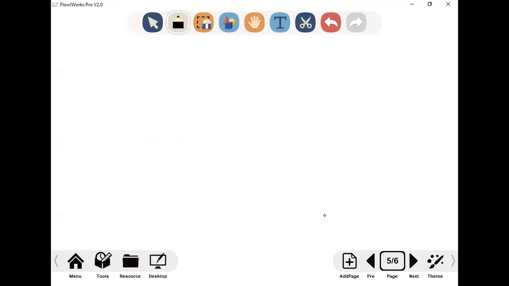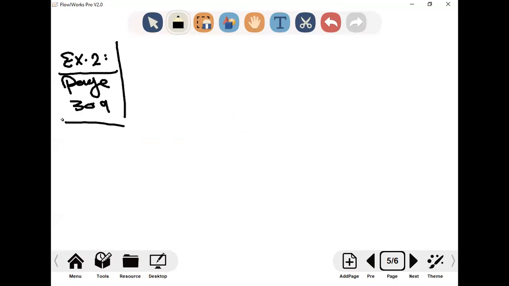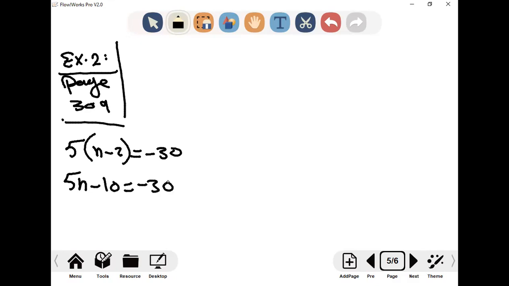Example 2. Stop talking. 5 with n minus 2, all equal negative 30. New idea. Distribute the 5. It will be 5n minus 5 by 2, 10, equal negative 30.